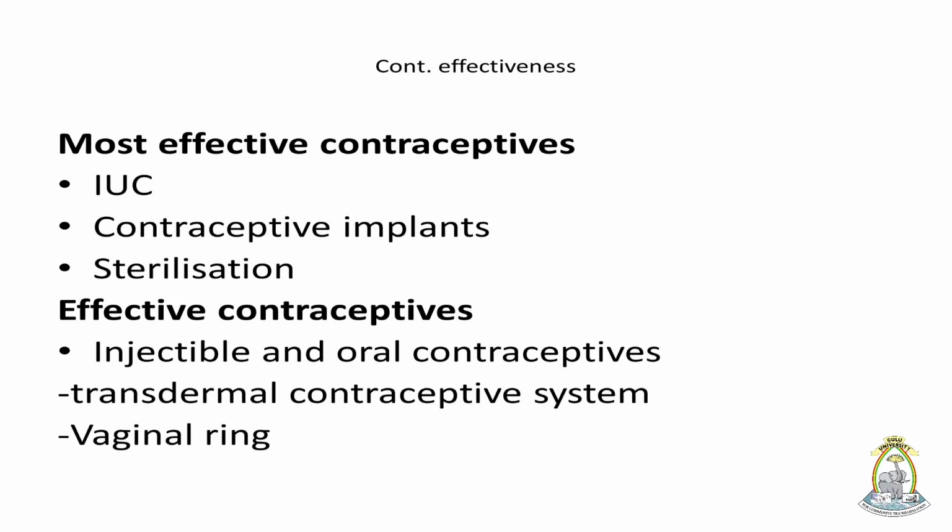So the implants are more effective than IUCs, and then the sterilization. Then we also have the effective methods. We have the injectables and the oral contraceptives, the transdermal patches, and then the vaginal ring. So that is the one that falls immediately below the most effective.